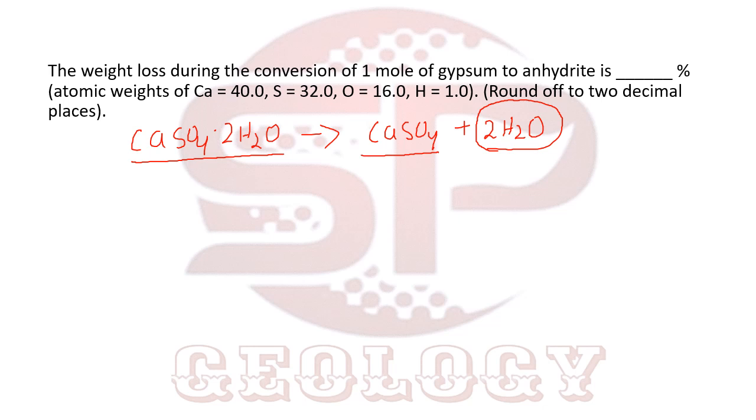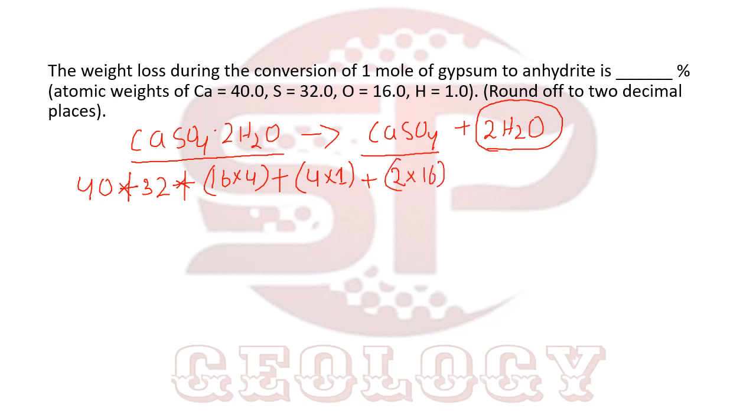So CaSO4, Ca is given 40, sulfur is given 32, into oxygen 4, 16 into 4, plus, then plus 2H2, that is 4 into 1, plus 2O, 2 into 16.